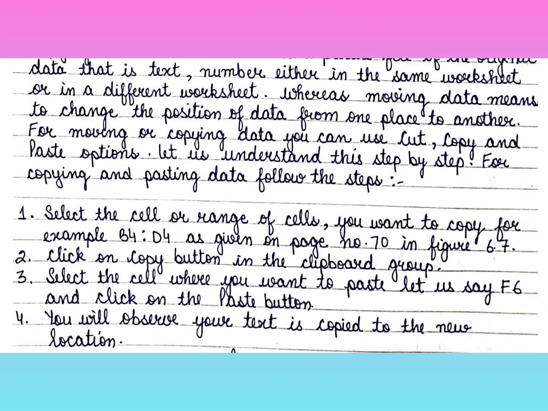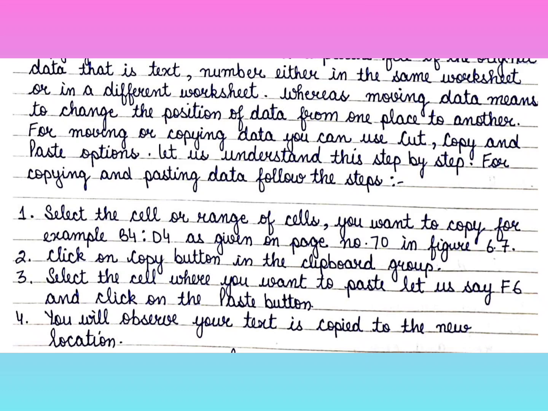For copying and pasting data, follow the steps. Number 1. Select the cell or range of cells you want to copy. For example, B4 to D4 as given on page number 70 in figure 67. Number 2.